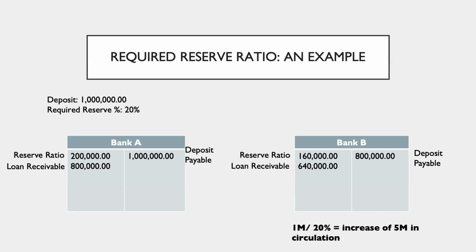So at the current rate, if 1 million is required to be kept in reserve, how much is the total money in the economy? That's 1 million divided by 20%. Therefore, you increase the money rolling around in the economy by 5 million by engaging in such a deposit.